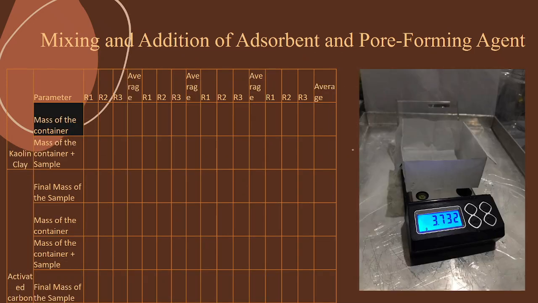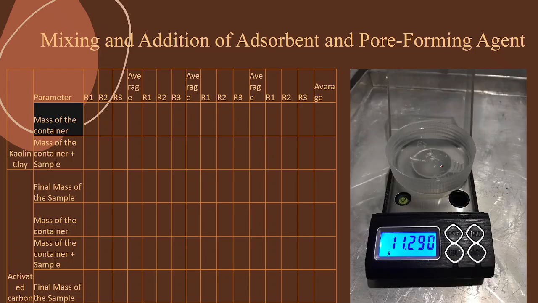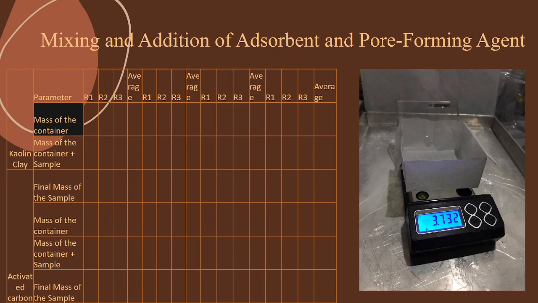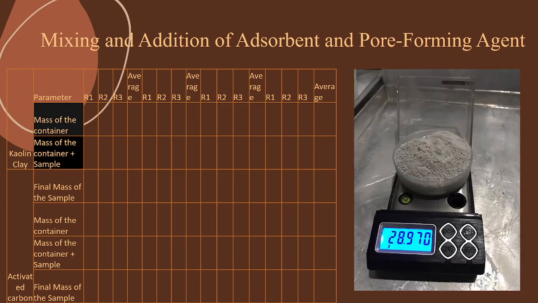So as you can see, the mass of the container is first measured, which is the paper box. And in order for us to get an accurate measurement, the container is also measured.